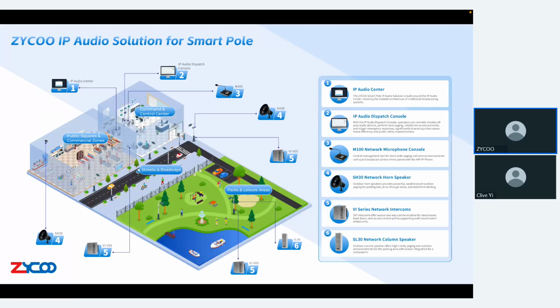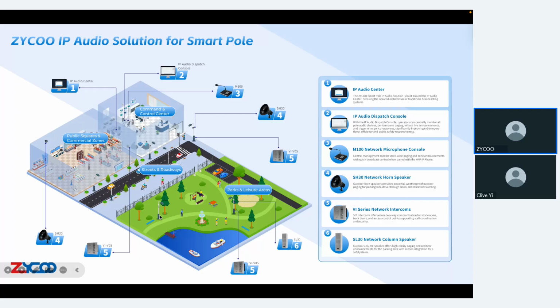And this one is a clearer diagram to show our whole IP audio solution for the smart pole. As you can see, it covers different areas. Usually smart poles like this are installed along streets or in parks or leisure areas, as you can see here.